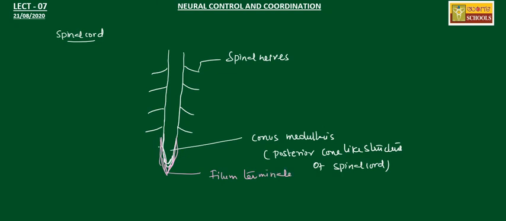From this posterior part we see some nerves arising, and all these nerves give an appearance like a horse tail. That's why it's called cauda equina. So this is how we see the posterior part of the spinal cord.